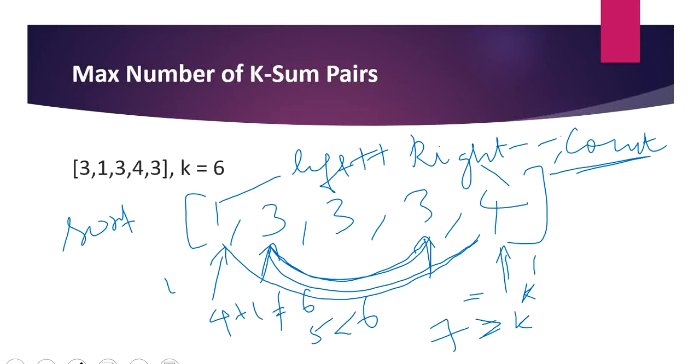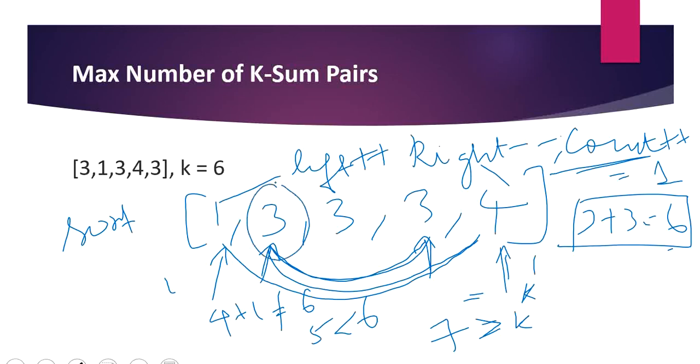Yes, 3 plus 3 adds to 6, so our counter increments. Now our counter is 1. I added 3 and 3 and the sum is 6, so I take these two values from the array. Both the left and right pointers move to this position. Now our loop ends and we get out of the iteration.